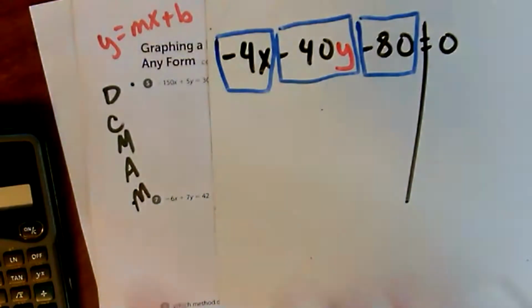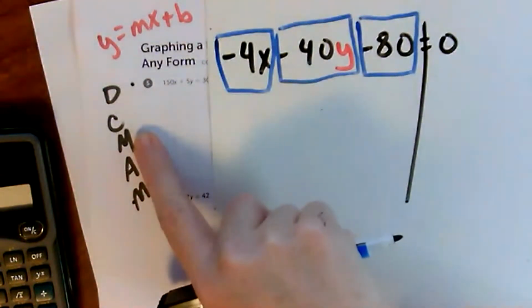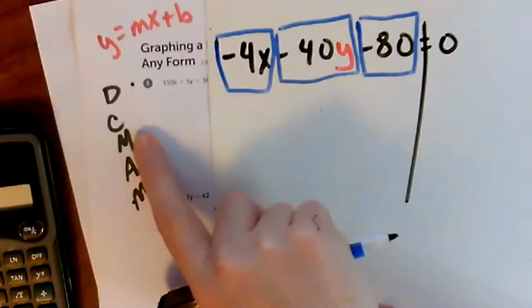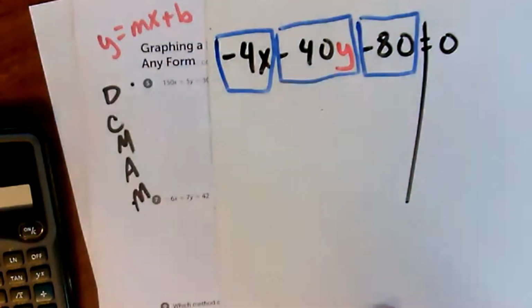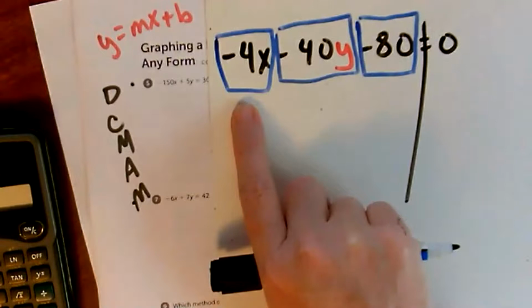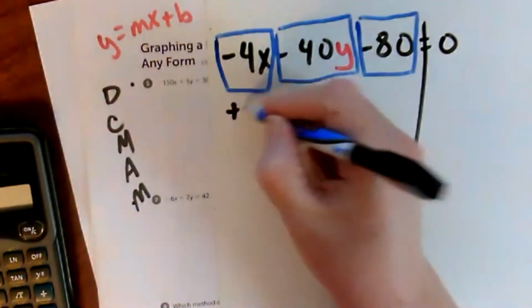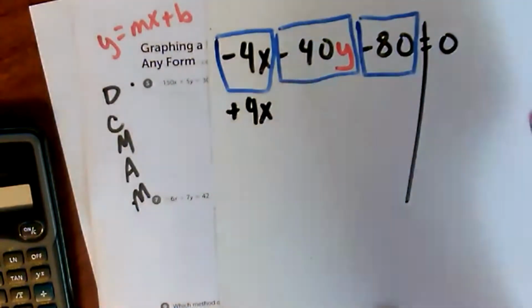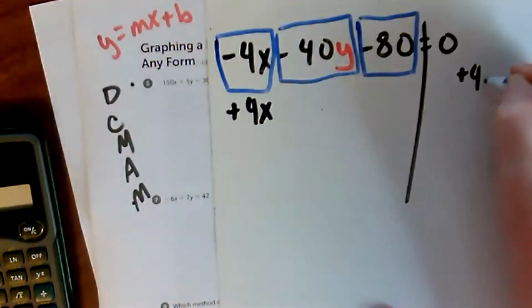No. Do I have anything to move? The negative 4x? Yes, negative 4x. How am I going to move negative 4x? You would do plus 4x on both sides? Absolutely. What I do to one side, I do to the other.